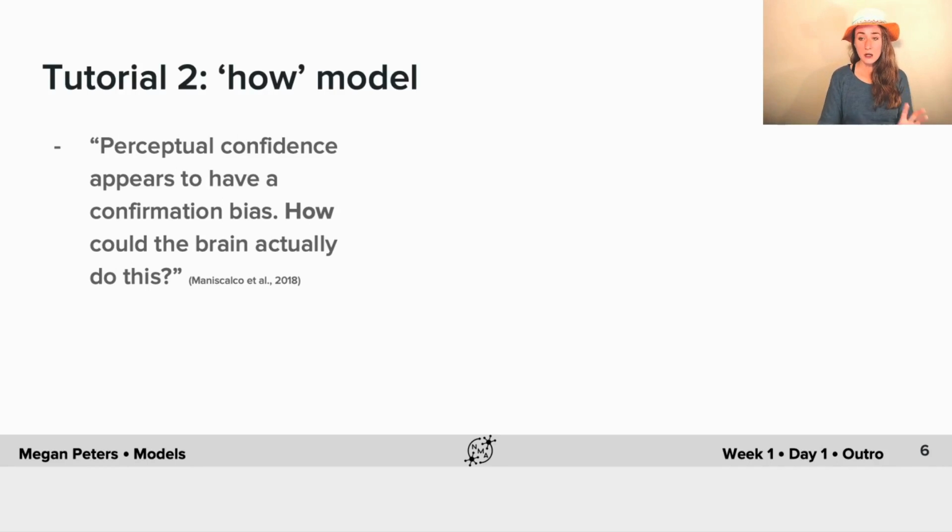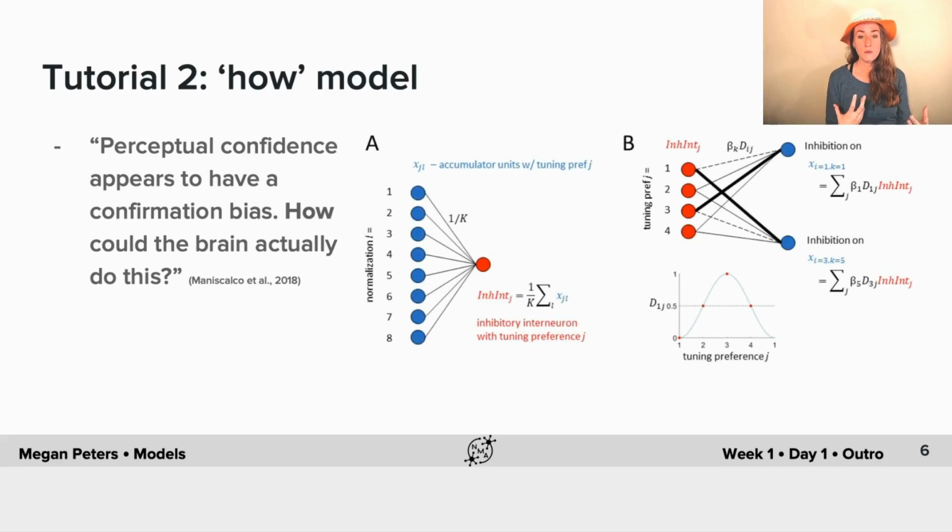Again, details are not important, but basically we took some well-known properties of the nervous system. So we looked at lateral inhibition, divisive normalization, some kind of classic neural network approaches, but we put them together in a new way. We tweaked them, and we fiddled with how they would mechanistically drive the perceptual decisions, like the decision that it's a cat and not a dog, versus the metacognition or the confidence judgments.